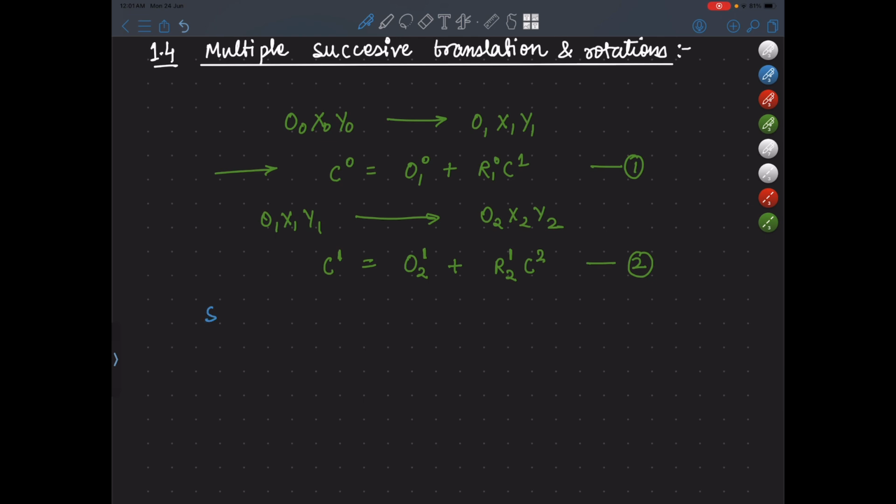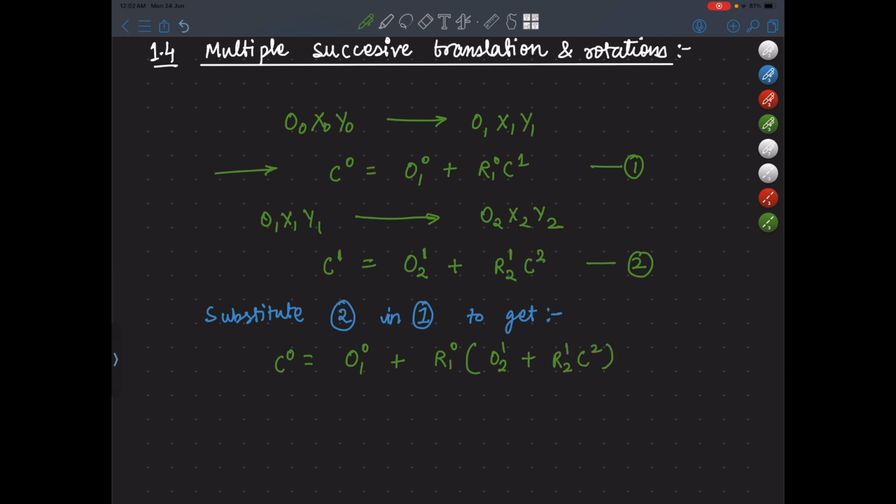Now let's substitute 2 in 1. Let's try to find the overall transformation expression. So substituting 2 in 1, we get C naught equals O1 naught plus R1 naught times (O21 plus R2 with respect to 1 C2).